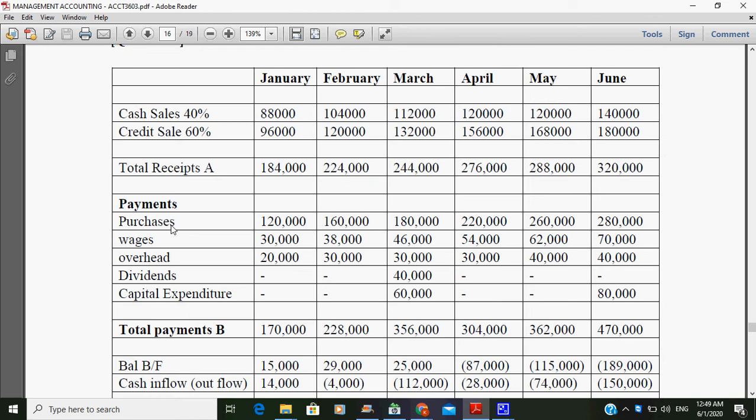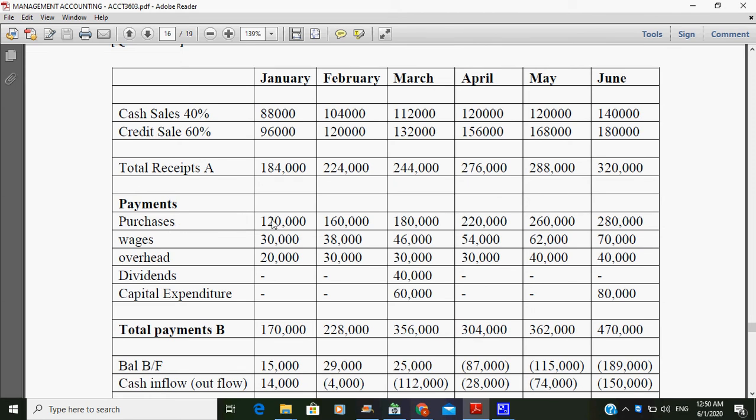So in January you'd have a figure of 120,000. Why? Because the amount of purchases in December was 120,000, and purchases are paid the month following the purchase. So you'd have paid for December's purchases in January. Follow me? That's why you have the 120,000 right here.